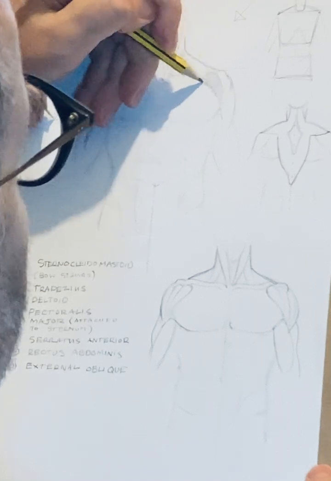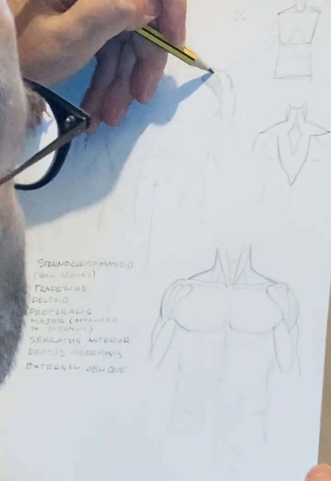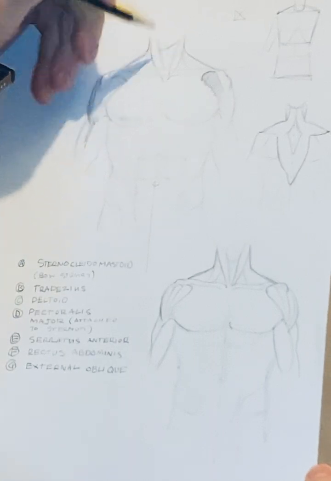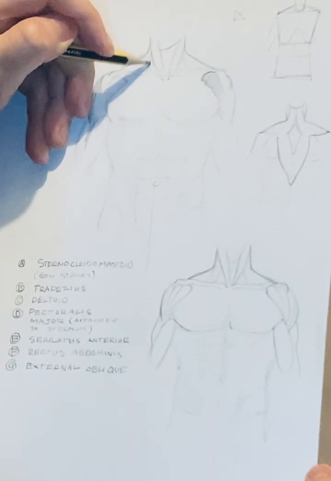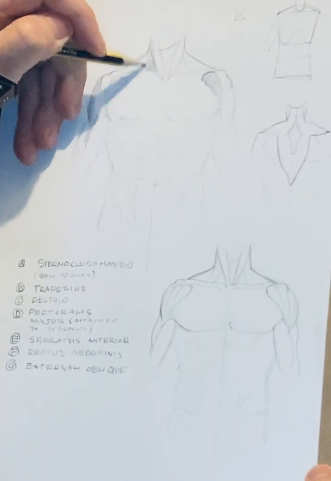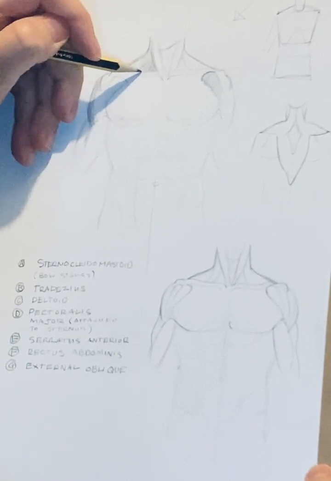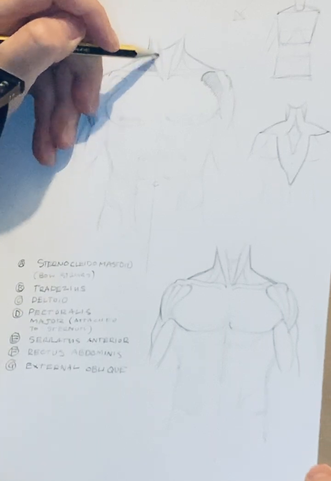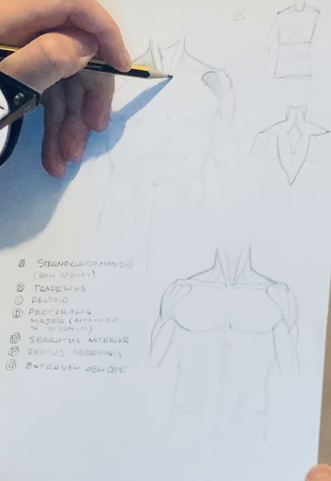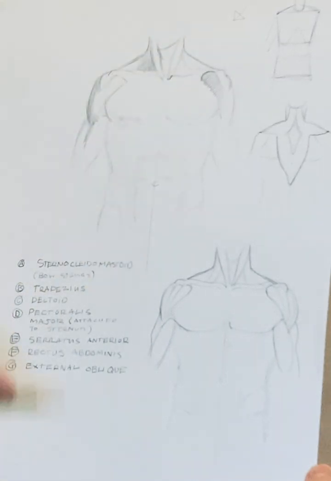The structure of the deltoid here, maybe put a little bit of tone on, is really good as well, because it helps to define these shapes and how light sort of rolls over them and causes definition in these shapes.